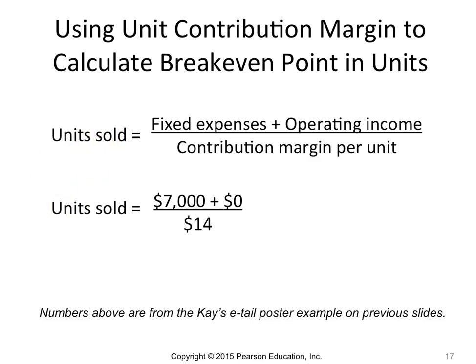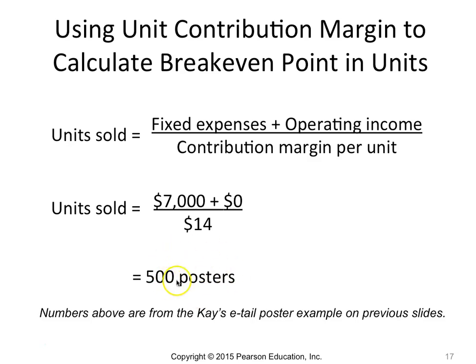Okay, $14 was what we calculated, 35 minus 21, and the fixed cost is 7,000. Break-even point is when operating income is 0. So 7,000 plus 0 divided by 14, and we get 500 posters. So basically 500 posters in our case is the break-even units.